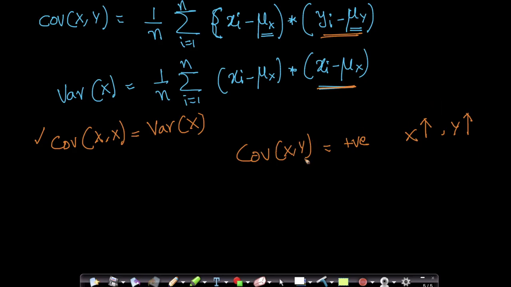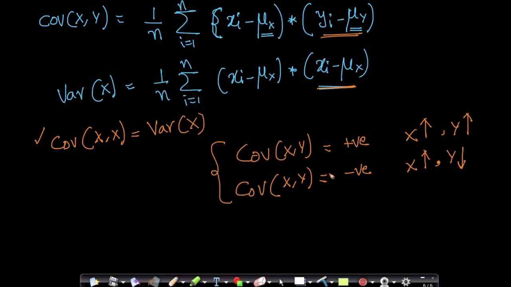Similarly, I will try and convince you that covariance between two random variables x and y is going to be negative if as x increases, my y decreases. Let me convince you of this property. This is an important property to have, because by just looking at the sign of covariance, whether it's positive or negative, I can tell you whether as x increases, y increases or decreases.